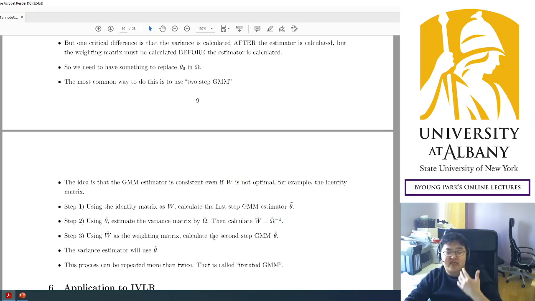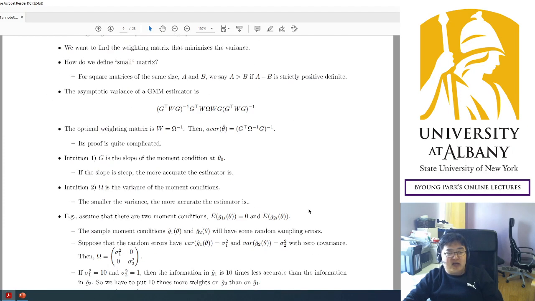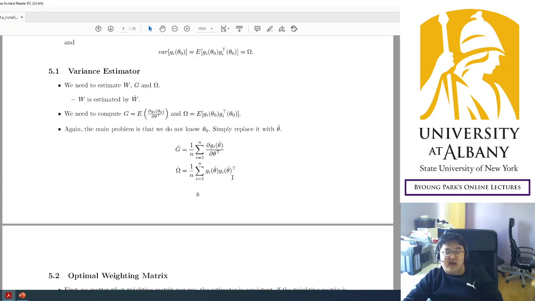The second step GMM uses an estimator of the optimal weighting matrix, and the final result is theta hat. Using this theta hat, recalculate the variance estimator. So you are repeating omega estimation and theta estimation.